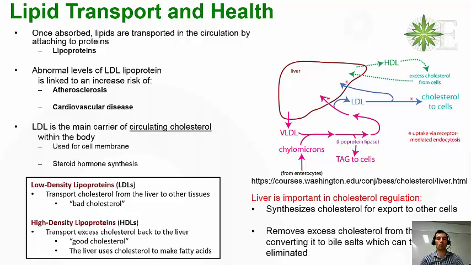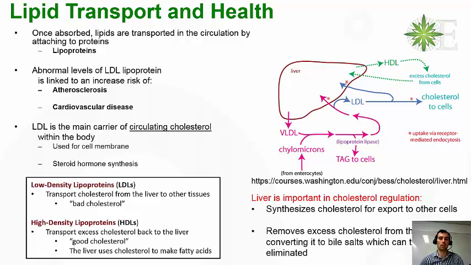We actually use the liver to make cholesterol and regulate its function. We need to take cholesterol to other parts of the body so it can be used in other cells, for example, to make cell membranes or specific hormones. But we can also have cholesterol being used to make bile salts, which are stored in the gallbladder.